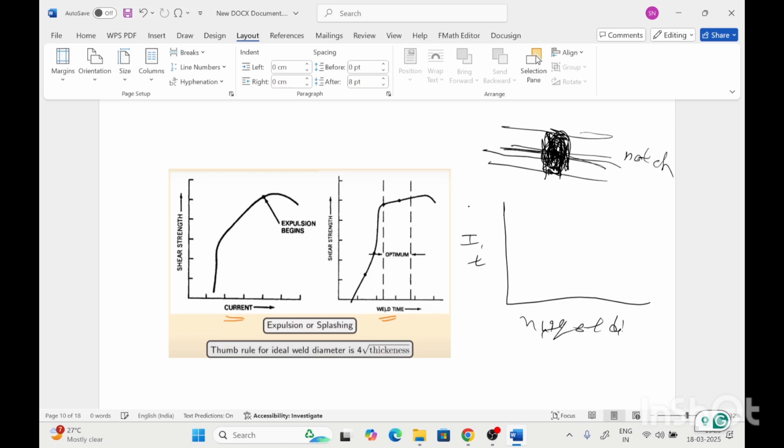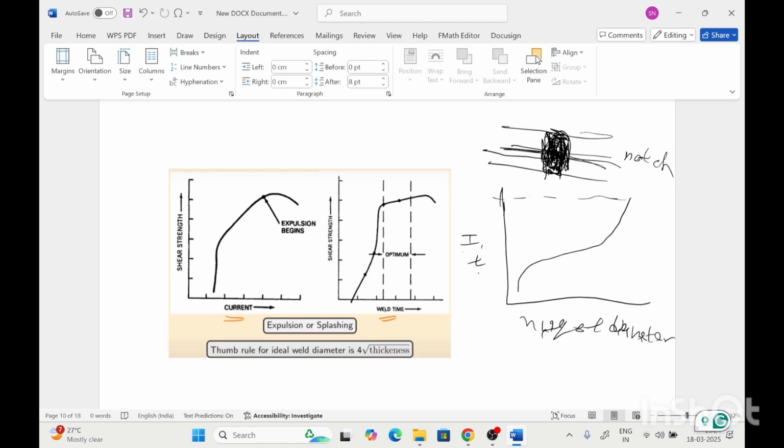This plot is between the current or time and the nugget diameter. So the nugget diameter follows this rule: nugget diameter increases with the current supplied and the welding time.